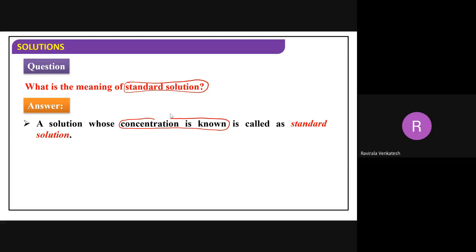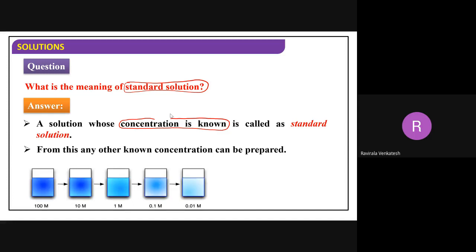Now, how do you know the concentration of a solution? See, for example, can you observe this one? 100 M. Now you know the molarity. M is nothing but molarity. You know this concentration very well, right?